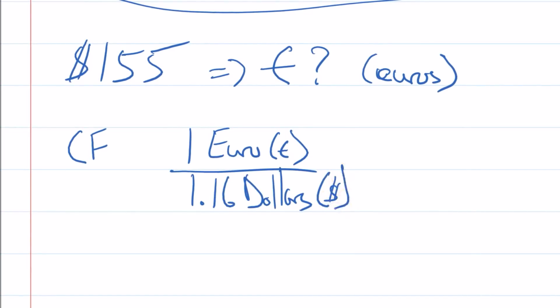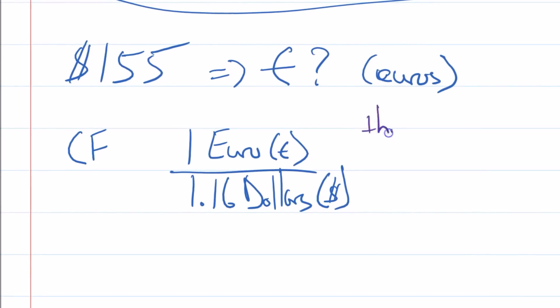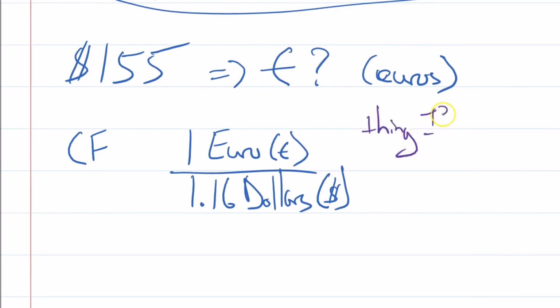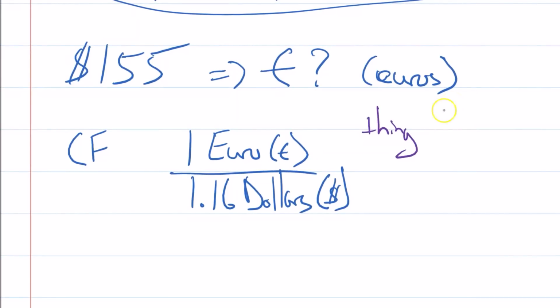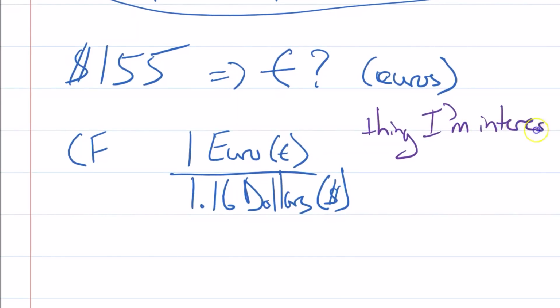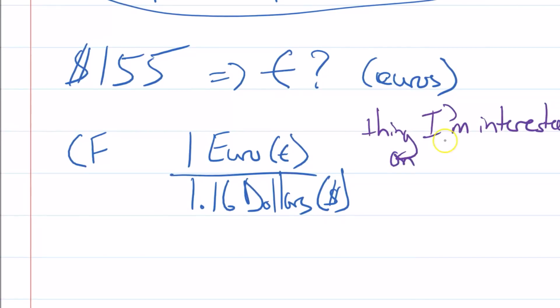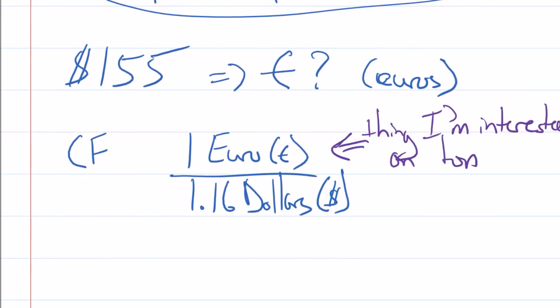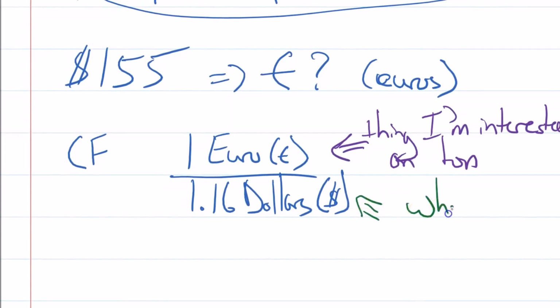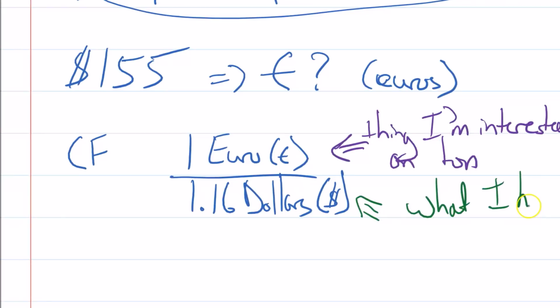So notice how I wrote my conversion factor. I wrote the thing I'm interested in, or what I'm trying to find, on top, right on top there. And then on the bottom, I wrote what I have.